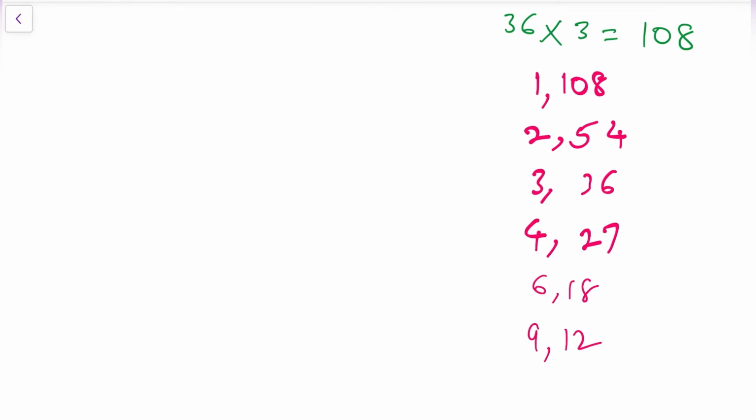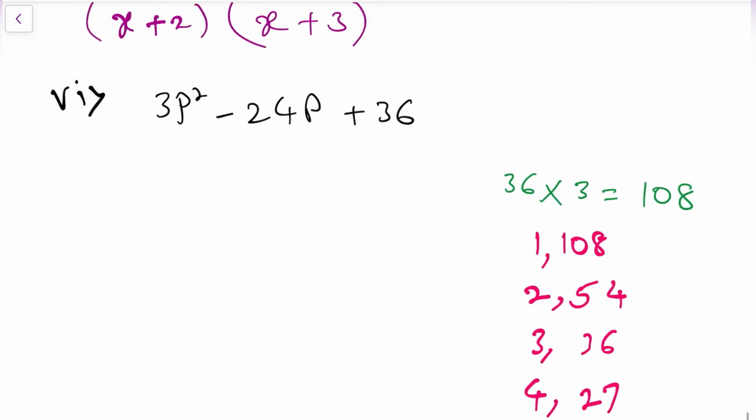Now from these 6 pairs, which pair do we need to take? So for that, first of all we need to check all the symbols. Here for the given question only the middle term is negative. So if only the middle term is negative, both numbers should be negative.